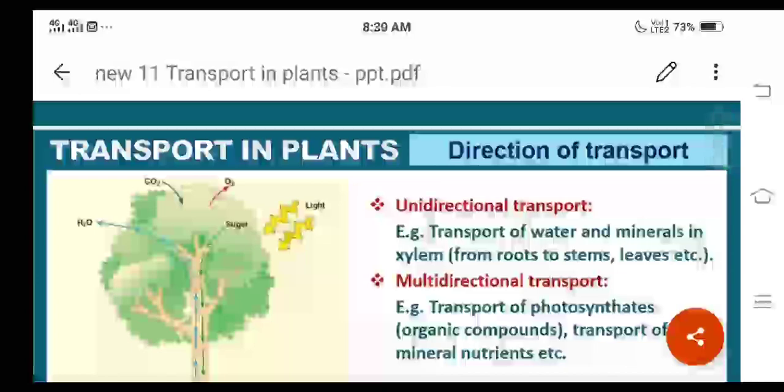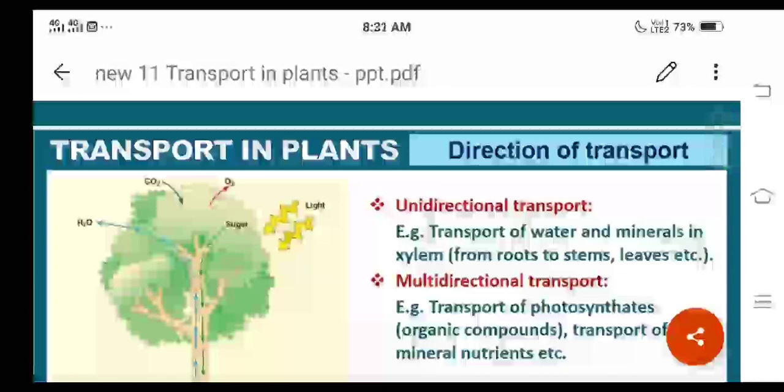What is the difference regarding translocation? It is transport over longer distances, which proceeds through the vascular system. Vascular tissue system means what here? It is nothing but the xylem and phloem. Then it is said to be translocation.